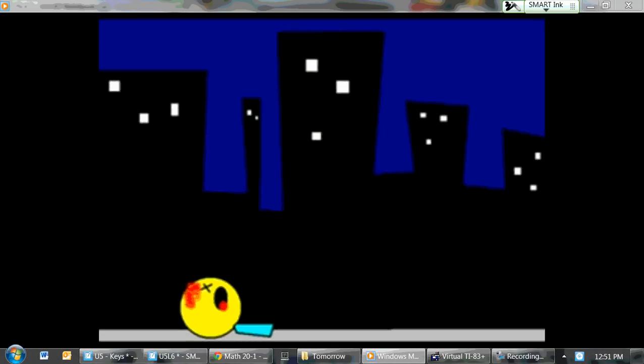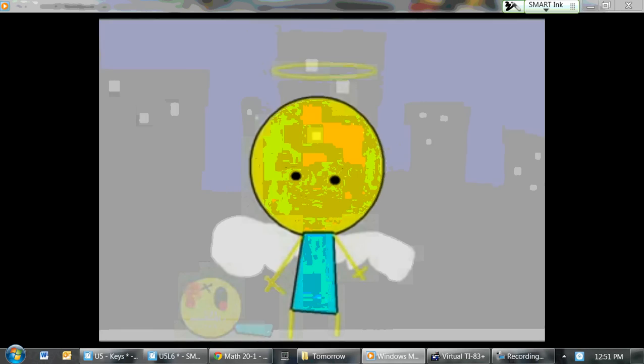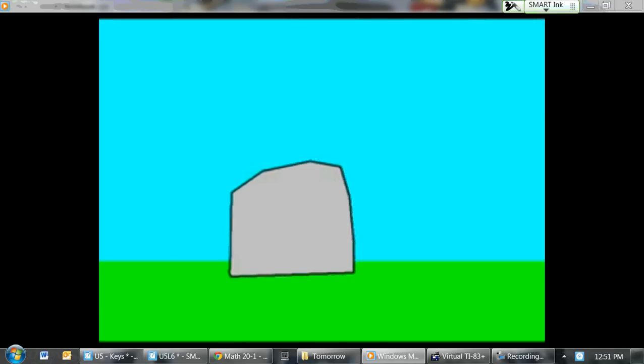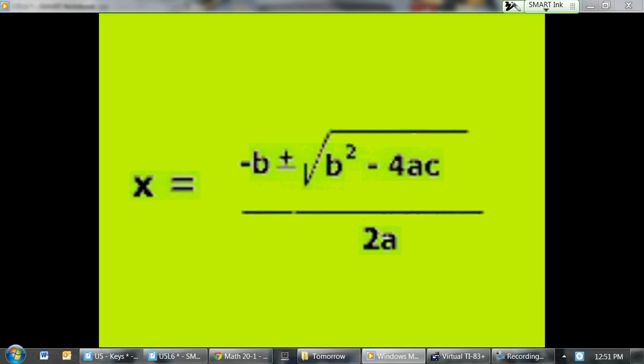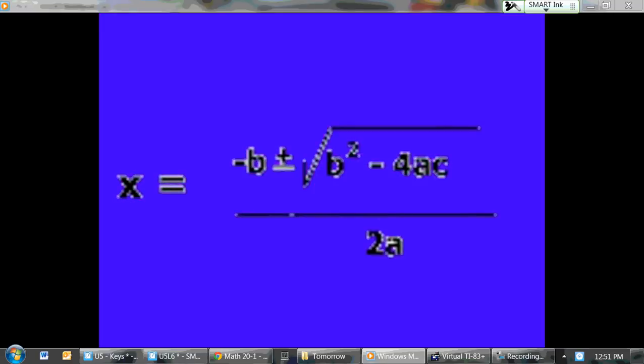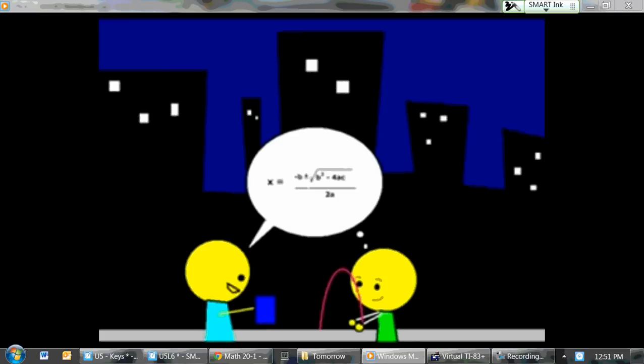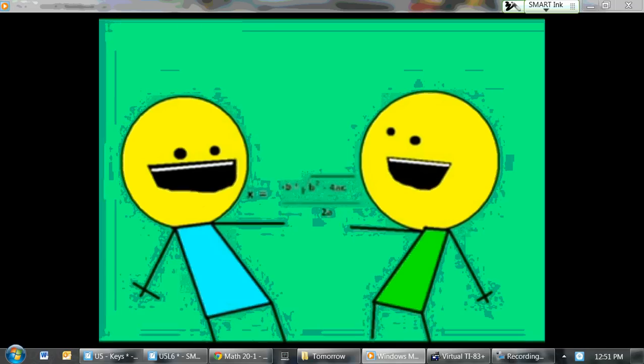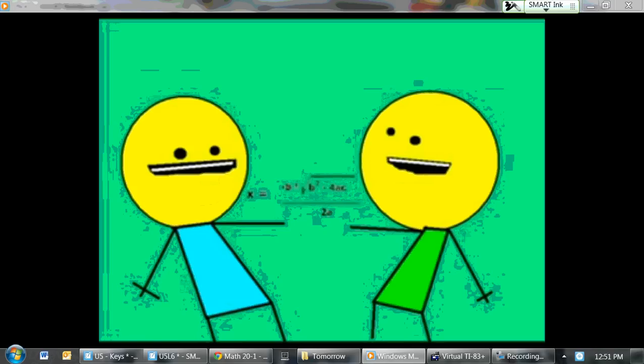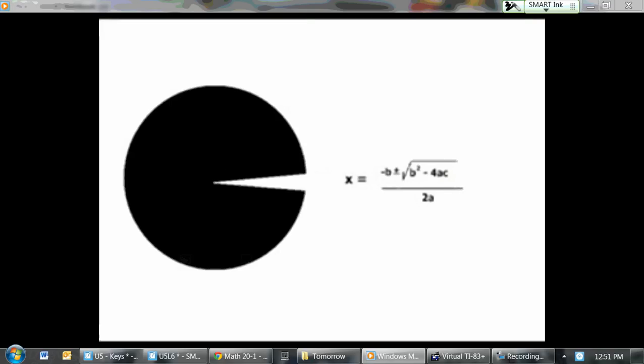But as I lay here dying, a strange peace and over me, knowing that upon my tombstone carved for all the world to see will be the quadratic formula, quadratic formula, quadratic formula, quadratic formula.